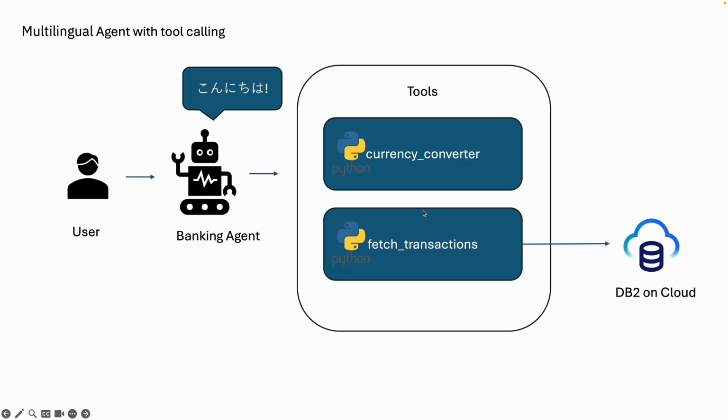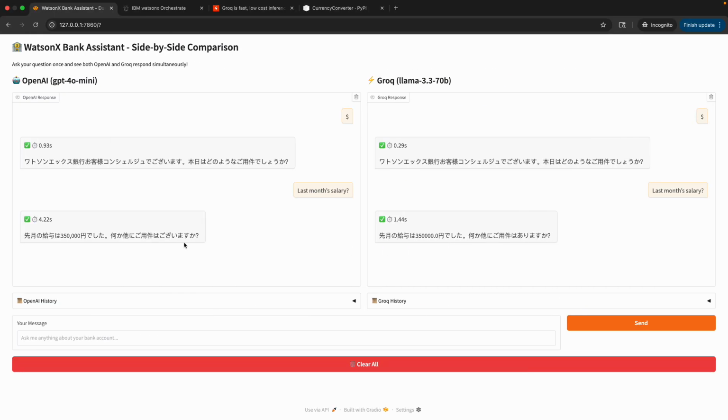In this case, the fetch transaction tool will be called, and what happens is we will connect to DB2 on cloud and fetch the related records from the structured table. You can see that the tool calling has been completed, and Groq is way faster than the OpenAI model.